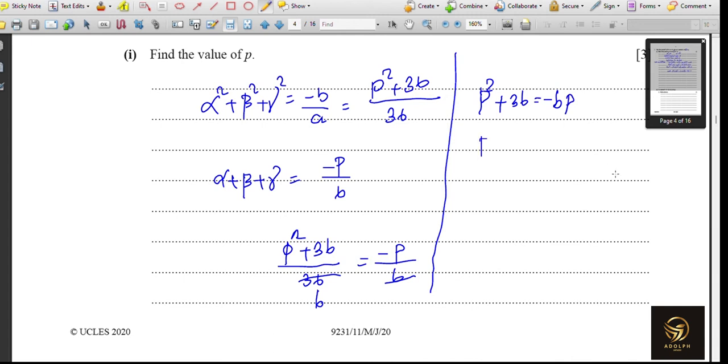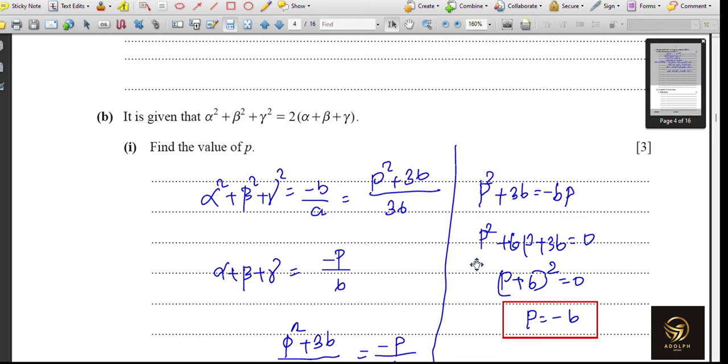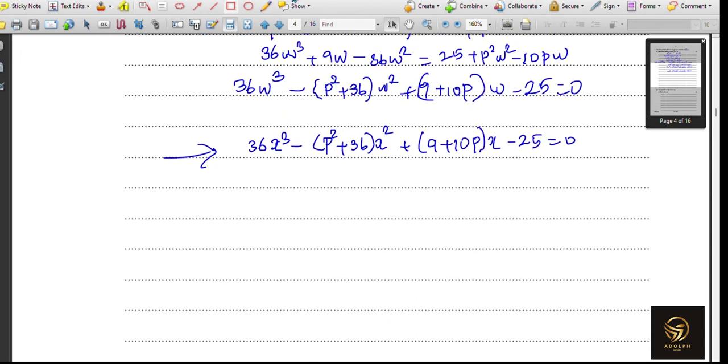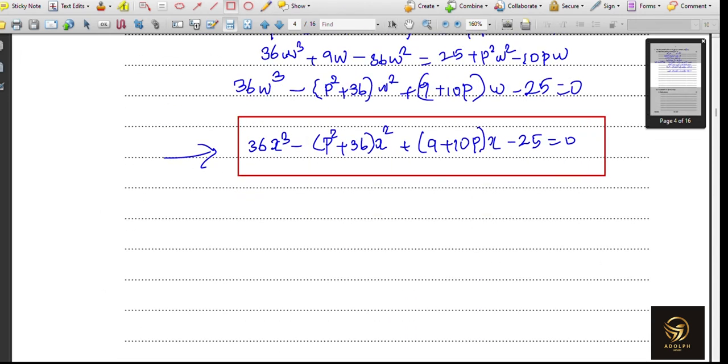If you bring everything to a single side, then p square plus 6p plus 36 equals 0. We know that this is p plus 6 whole square, so we are getting the p value as negative 6. So we got the value p equal to negative 6. Yeah, maybe you can square this box also to highlight the answer. You have finished it here.